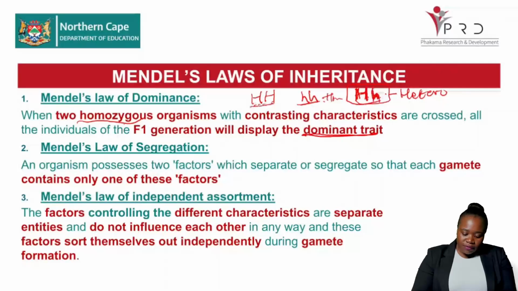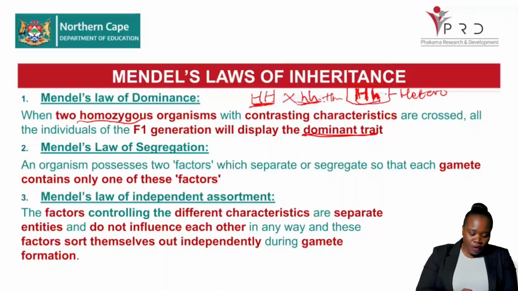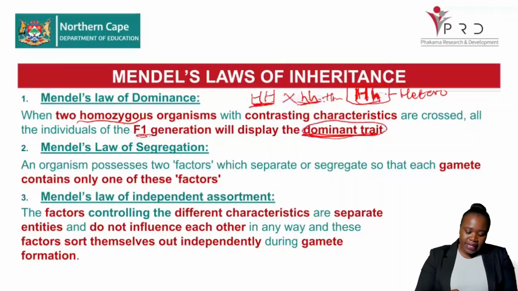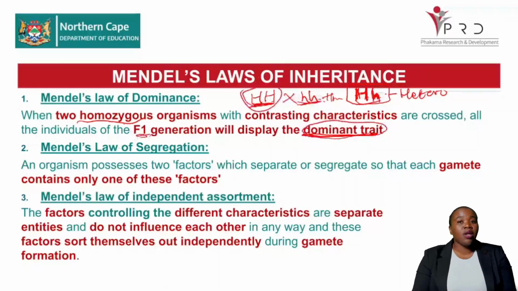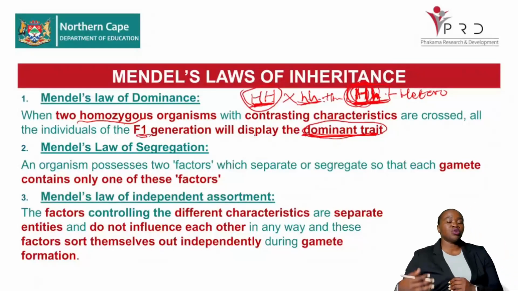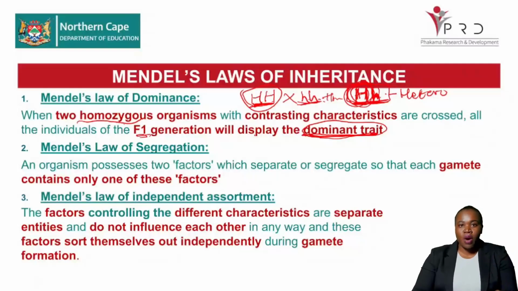So if an individual with long hair is crossed with an individual with short hair, the F1 offspring, the first generation of offspring, will display the dominant trait. Dominant is represented by the capital letter. So it means it will display long hair, right? And these individuals would be heterozygous. However, the dominant one is going to mask the recessive one. It is going to be stronger than the recessive one.